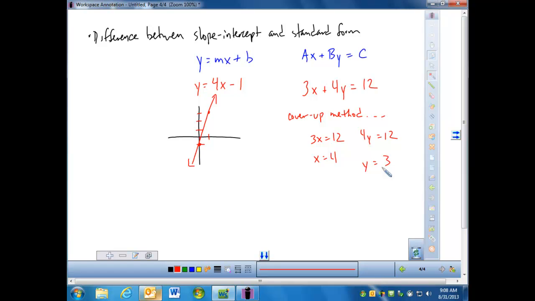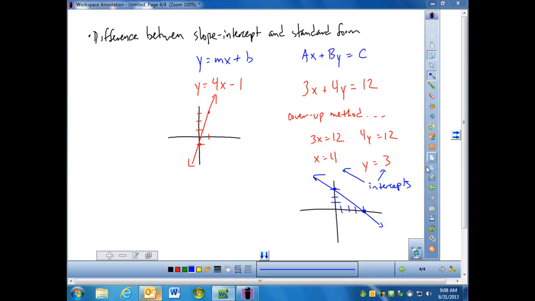Those two answers, the 4 and the 3, are actually the intercepts of the equation. The 4 is the x-intercept, or where it crosses the x-axis, and the 3 is the y-intercept, which we know is where it crosses the y-axis. And that's really easy to graph. So if it comes in standard form and you have to graph it, that's all you have to do, you might want to think about doing that.